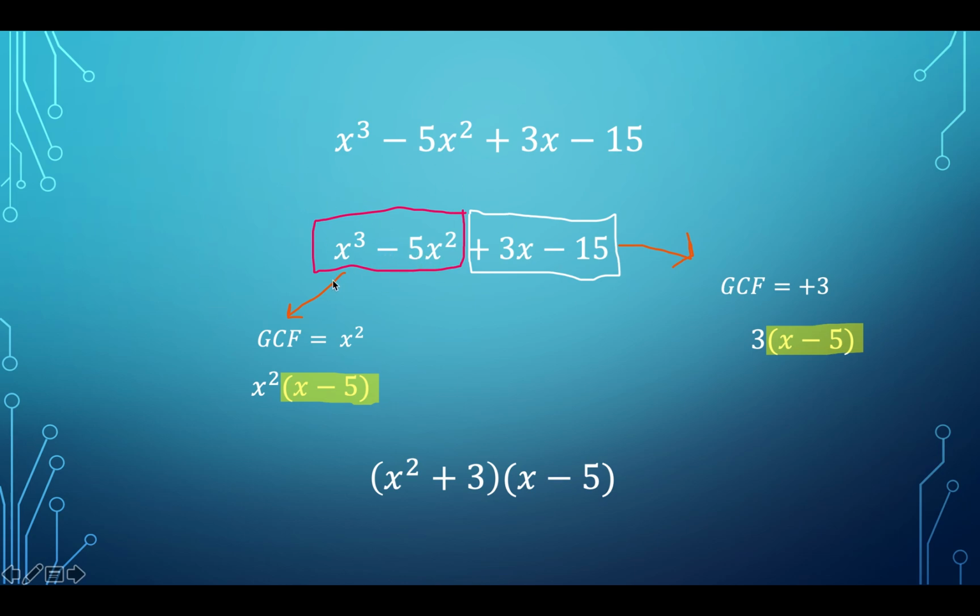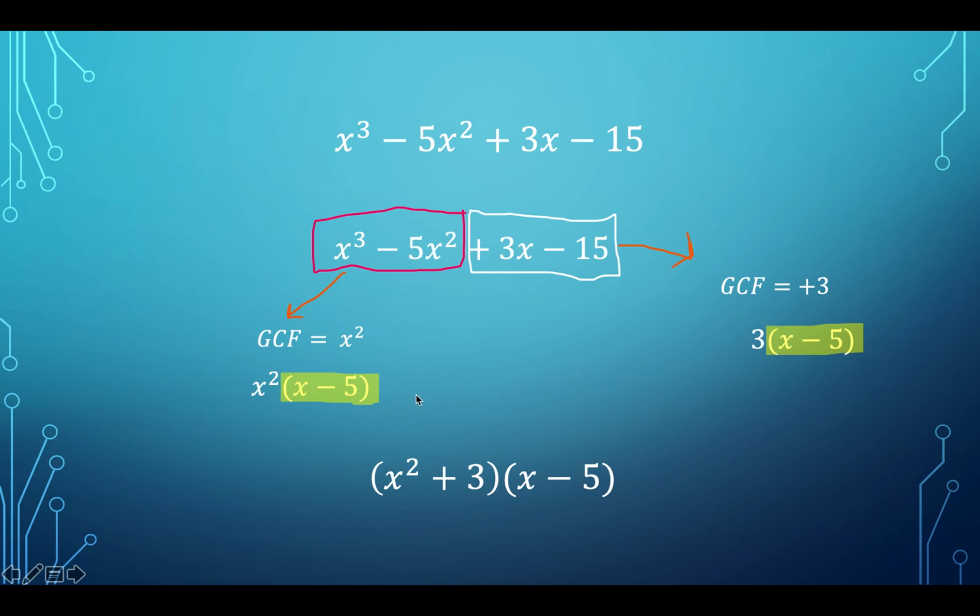So what we did was find the greatest common factor, and then factor the first half of the problem. Find the greatest common factor for this second half over here, and then do the same thing. Factor out. Then the parentheses should always be matching each other.